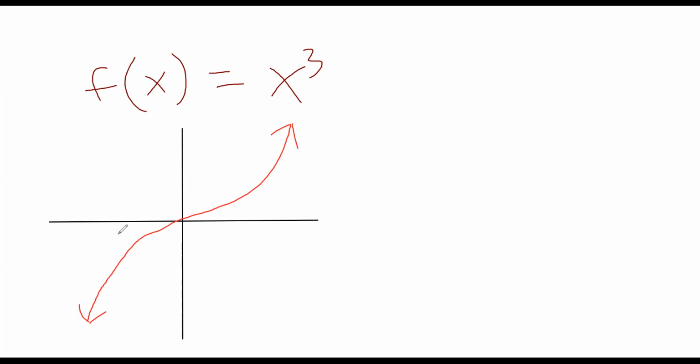You look along the x-axis. When you're going on the positive side of the x-axis, you're putting positive x values into the function, and when you cube a positive number, it spits out positive numbers as well. So the graph's going to be on the positive y-axis whenever x is positive, and it does cross through the origin.